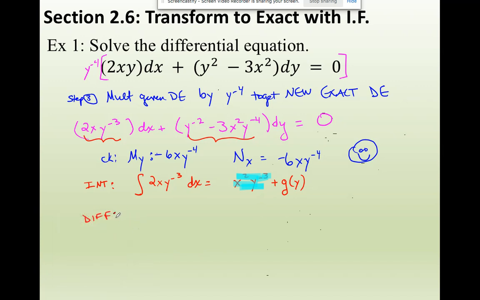So I'm going to differentiate with respect to the other variable. Since I integrated with respect to x, I'm going to differentiate this expression with respect to y. When I differentiated with respect to y, I brought the negative 3 down. The x stayed squared, subtracted 1 from the exponent, plus g prime of y.